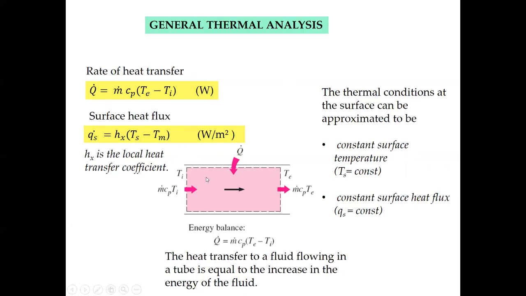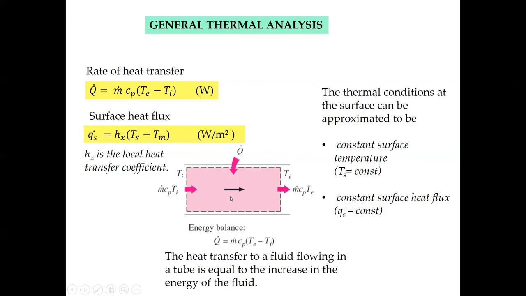So let's say this is a pipe, so the internal surface area is pi D L. Let's say L is 1 meter, so Q divided by pi D L gives you watts per meter squared. From that small q_s, you can calculate the local heat transfer coefficient, or we are going to use the Nusselt number correlation to calculate h_x.